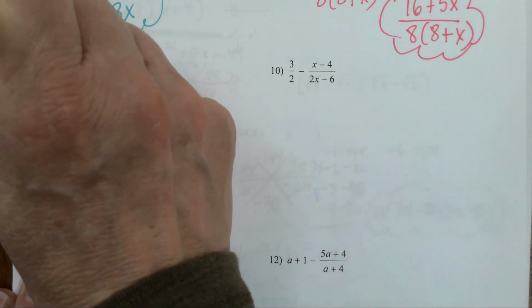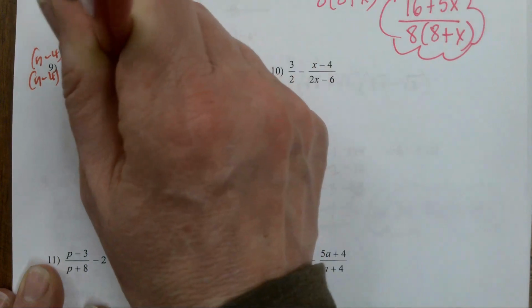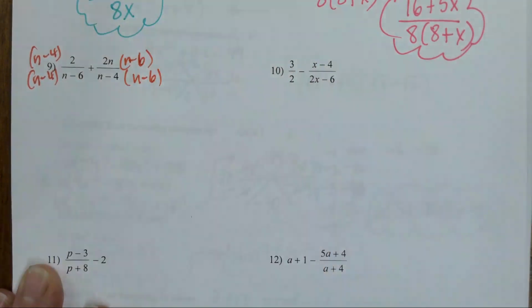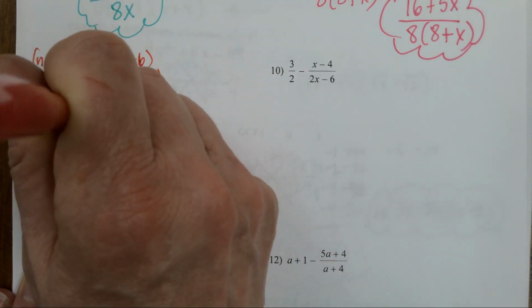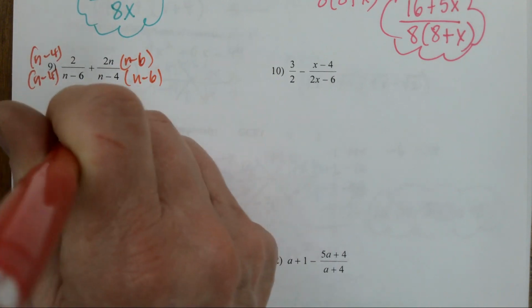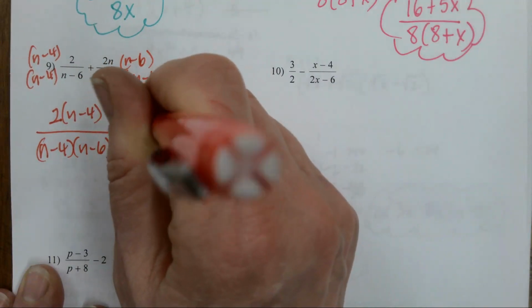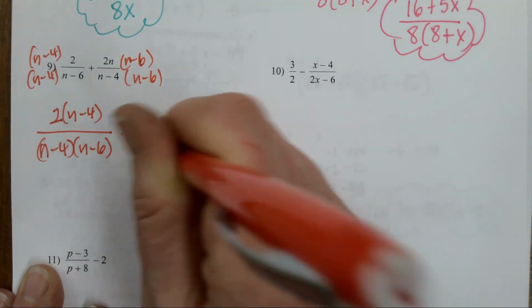So, n minus 4, n minus 4, n minus 6, n minus 6. I'll distribute that through: 2 times n minus 4 over n minus 4, n minus 6, plus 2n times n minus 6 over n minus 4, n minus 6.